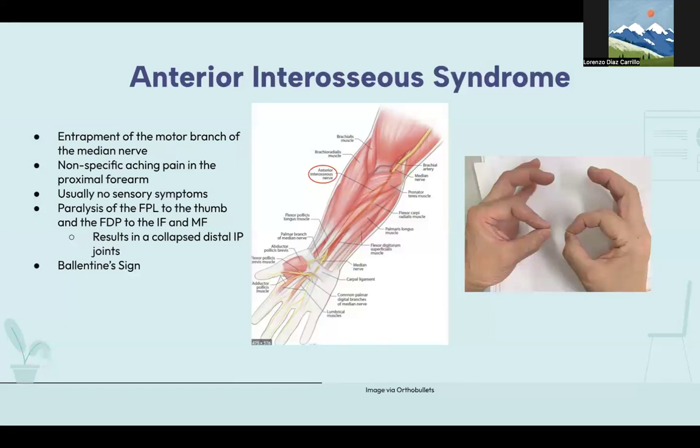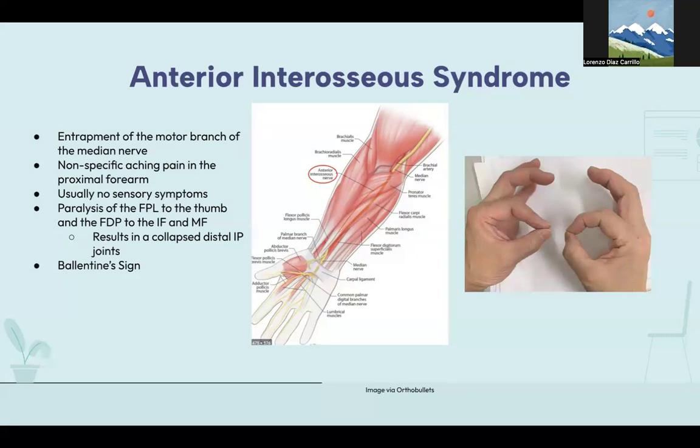But patients will often report non-specific pain in their proximal forearm, and the pain can be exacerbated by activity and overuse. In this syndrome specifically, the flexor pollicis longus, or FPL, to the thumb and also the FDP to the index and middle fingers are affected. This results in a weakened distal IP joint.